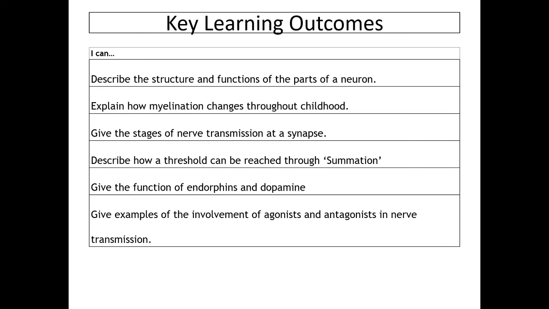So in an agonist, it will become tolerant because it will reduce the number of receptor sites it has and the sensitivity of these receptors. And in antagonism, we get sensitization. So because we have blocked the receptor site for the neurotransmitters, it increases the number and sensitivity of these receptors.